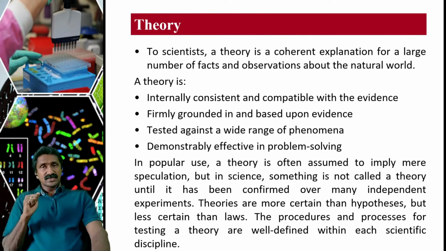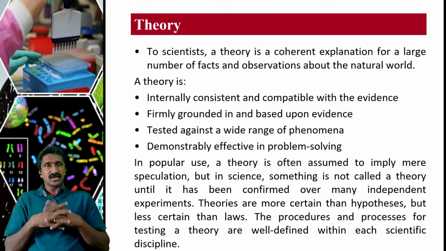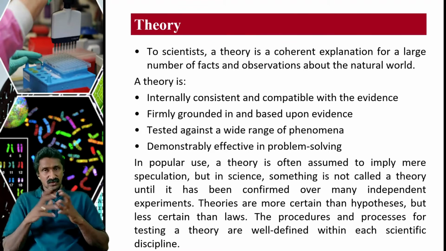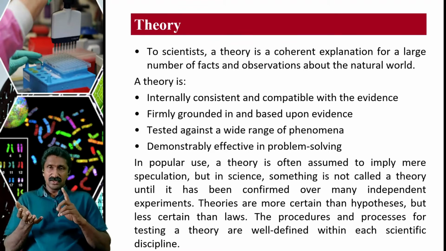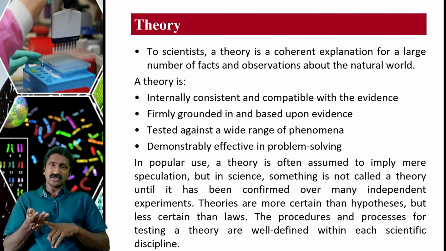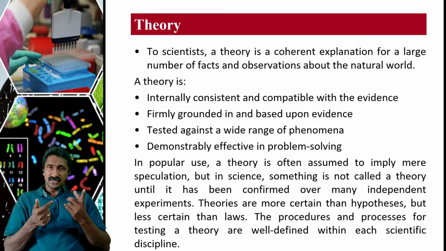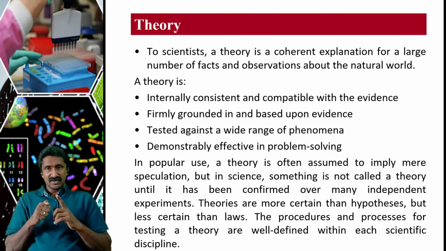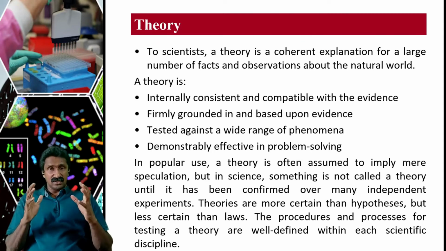And to scientists, a theory is a coherent explanation of a large number of facts and observations about the natural world. So the theory should be internally consistent and compatible with the evidence, and firmly grounded on this evidence, then tested against a wide range of phenomena, then demonstrably effective in problem solving.